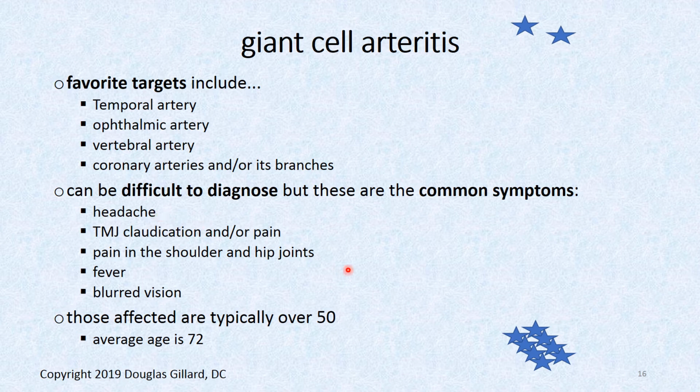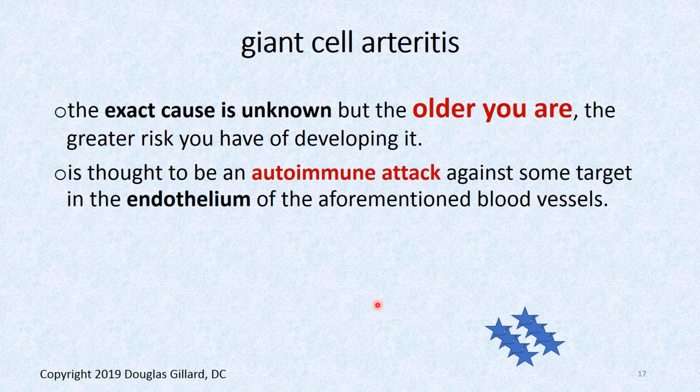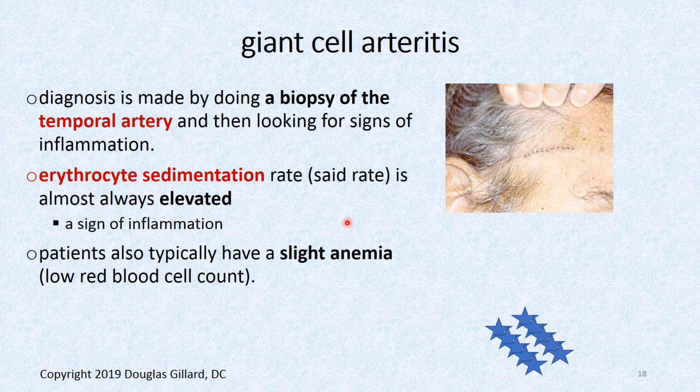So headache. Guys over 50. Guys, especially smokers, tend to get this over 50 years of age. The exact cause is not known, but old age is a risk factor for developing it. Again, thought to be an autoimmune attack against the endothelium of the superficial temporal artery.